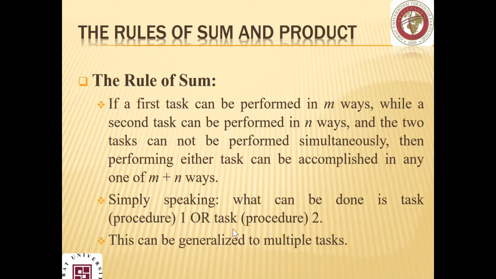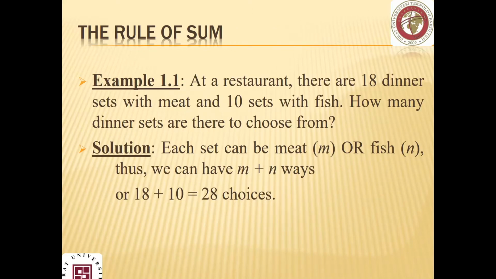And that's what we refer to as procedure 1 or procedure 2, the possibilities of procedure 1 plus the possibilities of procedure 2. Okay, we can generalize it to as many procedures as possible. Now, the idea is they must not be done simultaneously, they cannot be performed at the same time, and that's exactly the condition. All right.